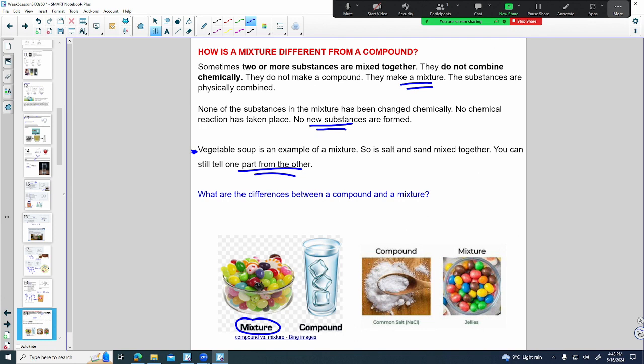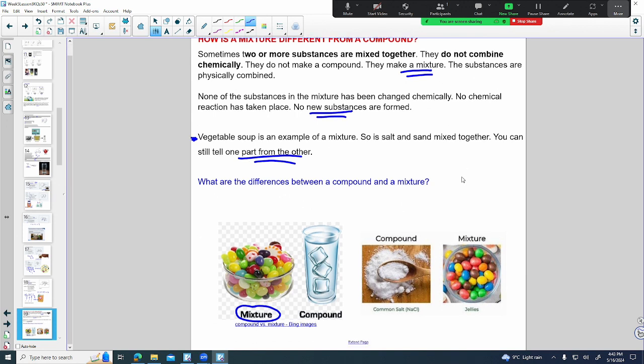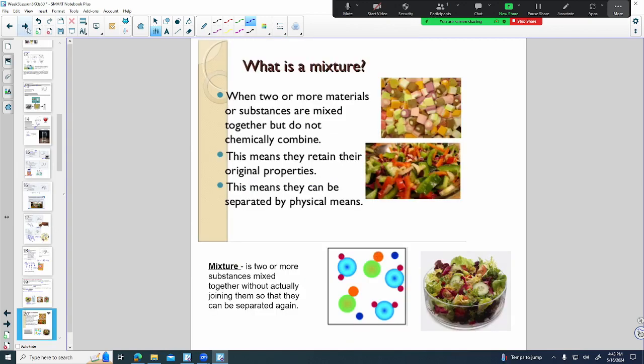So how can we tell the difference between a compound and a mixture? When you have a mixture, that means you have two or more materials or substances that are mixed together, but they are not chemically combined.